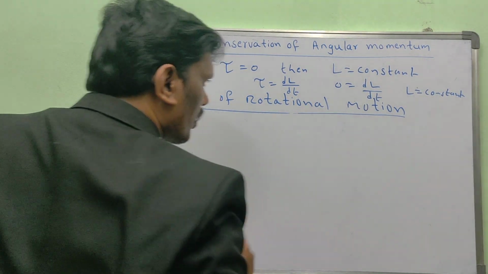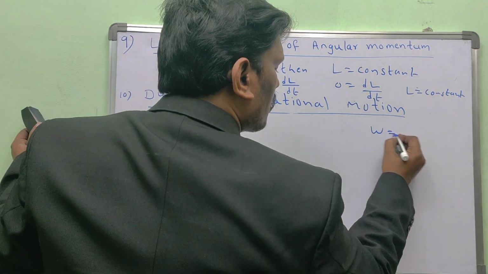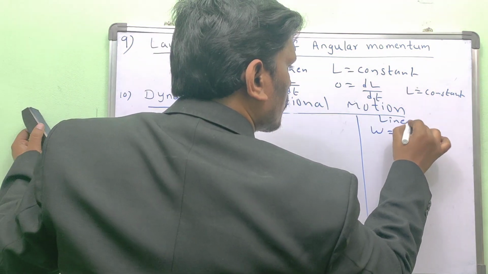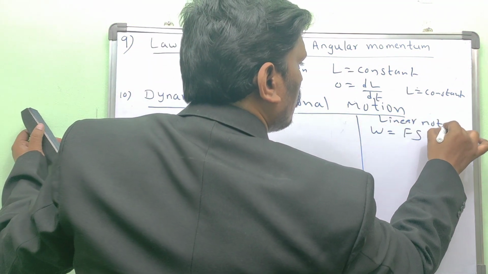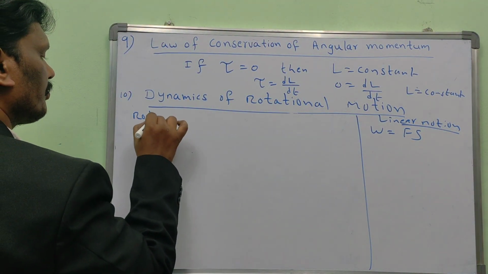Dynamics of rotational motion. Let us see. We know that in linear motion, work done is equal to force into displacement. Correct? Here I am going to write linear motion equations, and here I am going to write rotational motion equations.